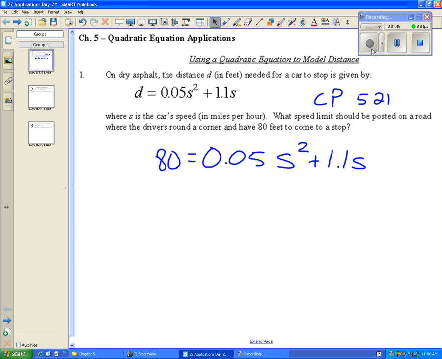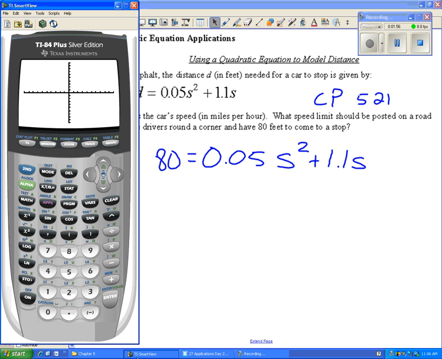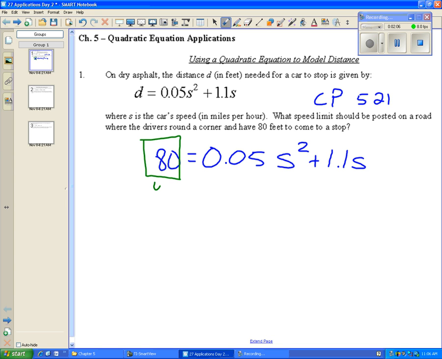I could try to do this by hand. I could subtract 80 from both sides, make it equal to 0, and try to use the quadratic formula, but I think it's easier for us at this point to pull up our calculator. I'm going to call the left side, as always, y1, and the right side, as always, y2.